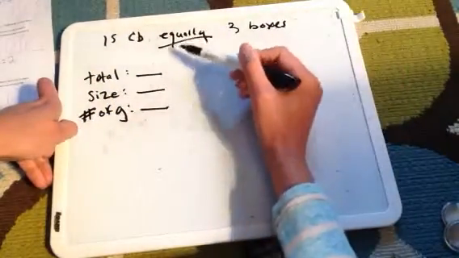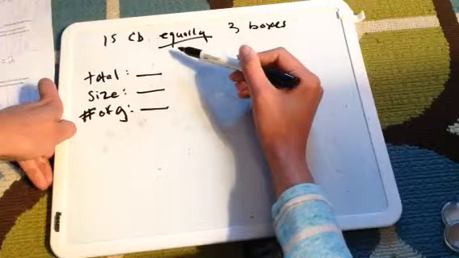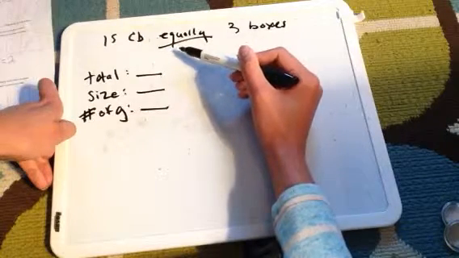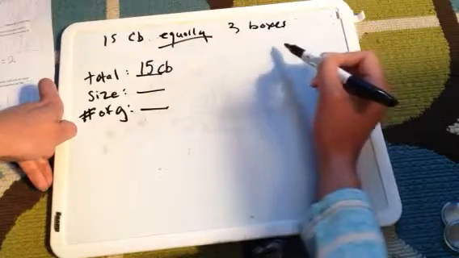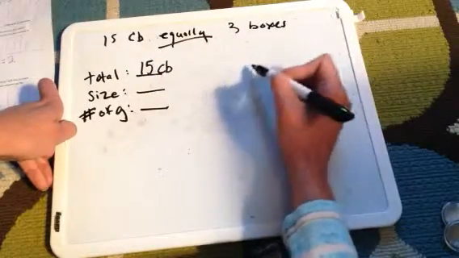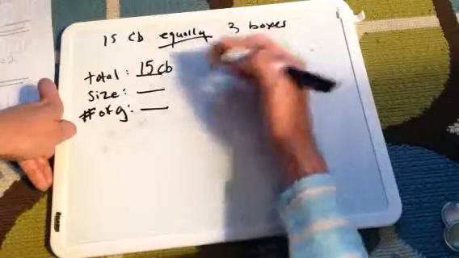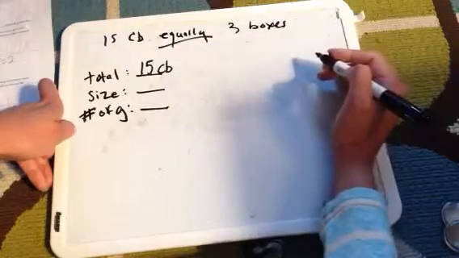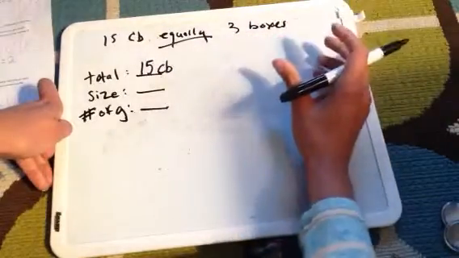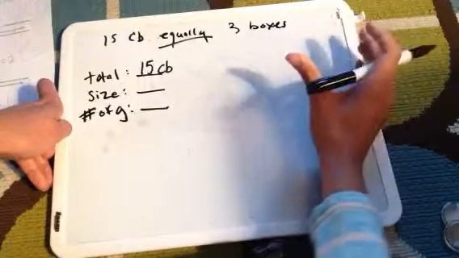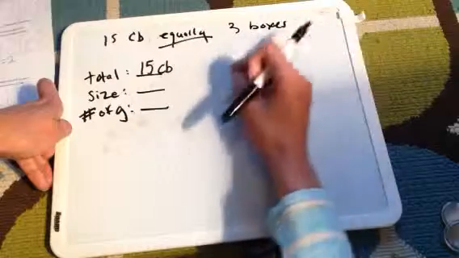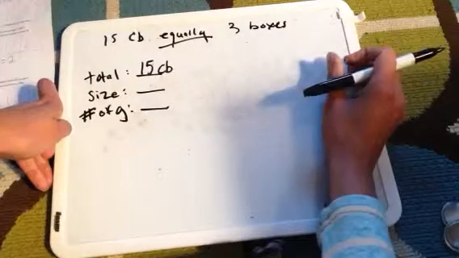So here I'm reading that Mrs. Meyer organizes 15 clipboards equally into 3 boxes. So I know that there are 15 clipboards, and I know that she takes those 15 clipboards and puts them into 3 boxes. Equally tells me that this would be a division problem or a multiplication problem at this point at least because it's equal separating, okay?